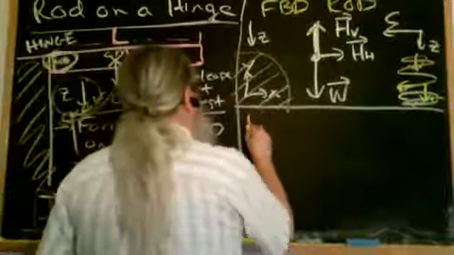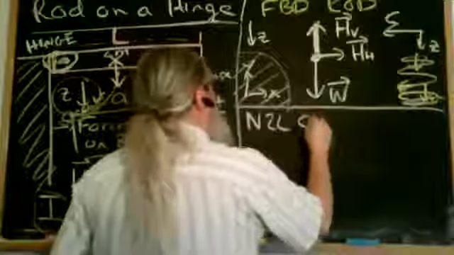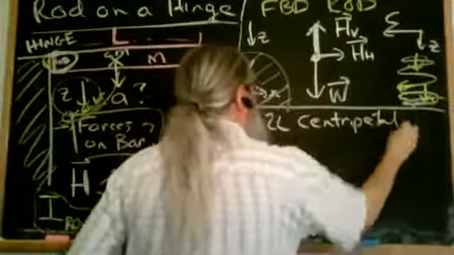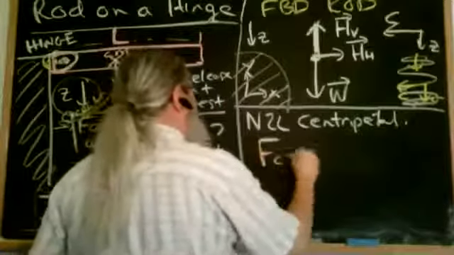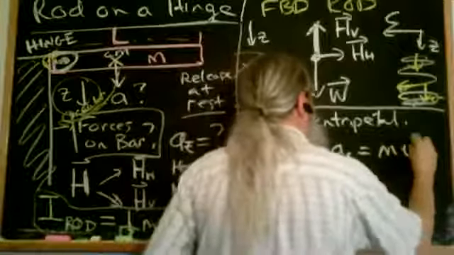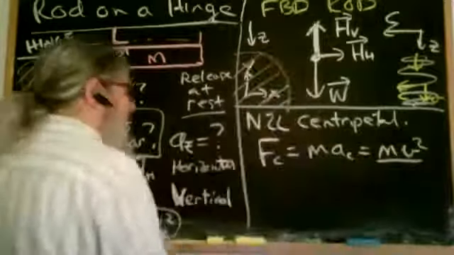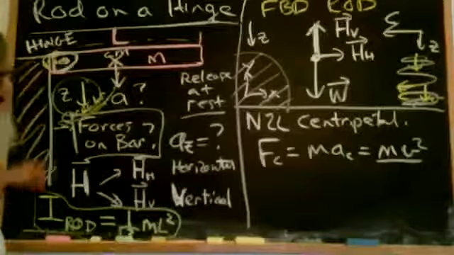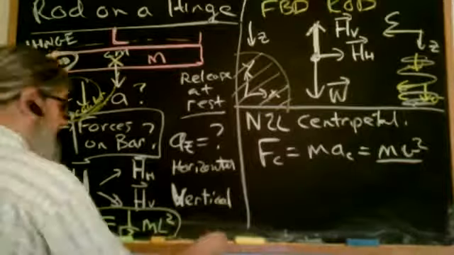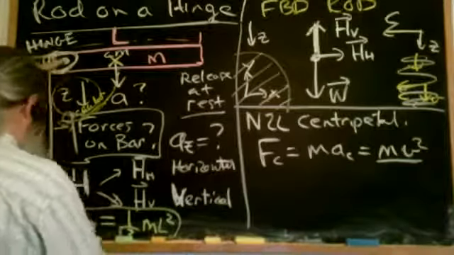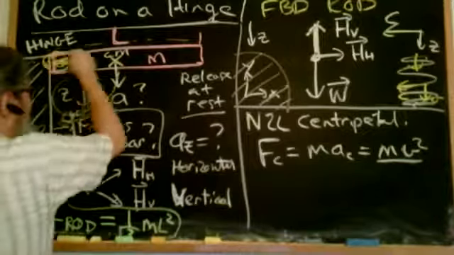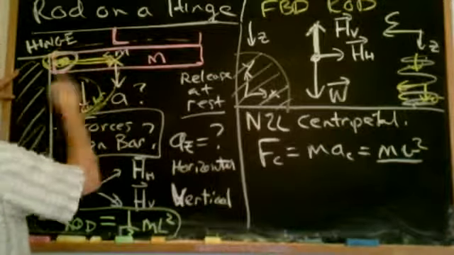So let's start with Newton's second law in the centripetal coordinate, which is to say the horizontal coordinate. So we say F sub C is equal to m a sub C. So we know that's equal to m times v squared over, well, what? That's the question. Over R, where R is the radius, but we have to actually think of what that radius is, because in this particular problem, the radius goes from the pivot point, which is at the end of the bar, to the location of the center of mass.